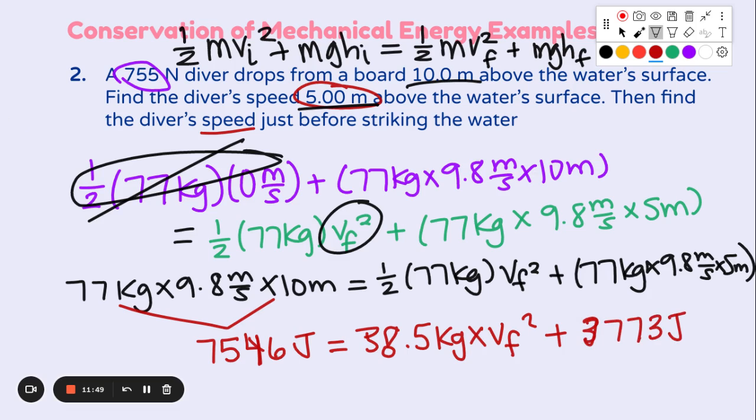So you're going to subtract 3,773 joules from this value here.